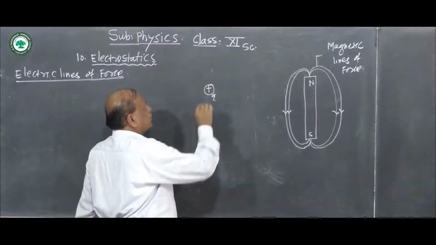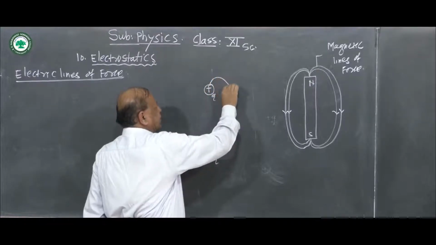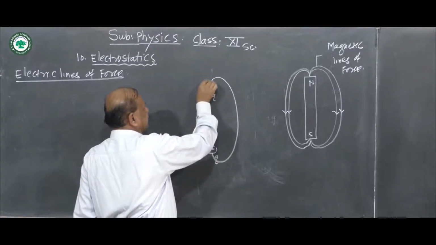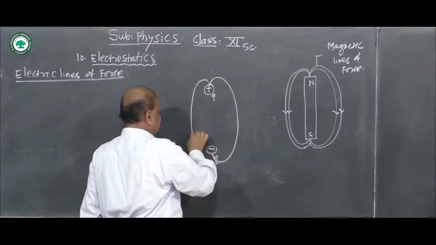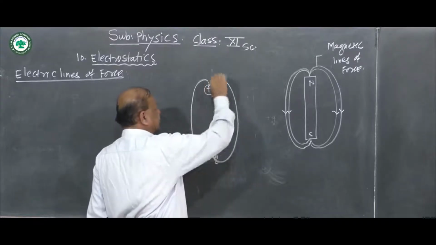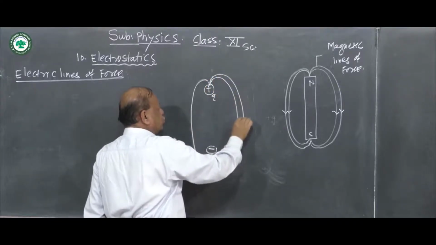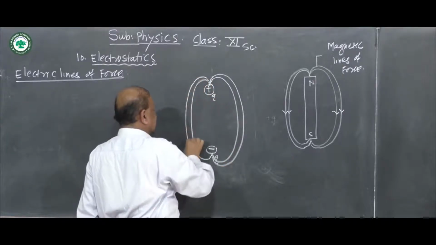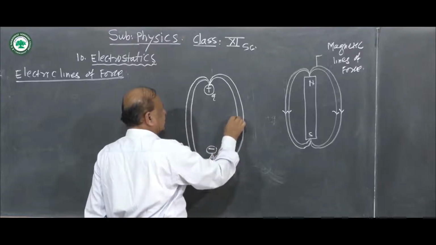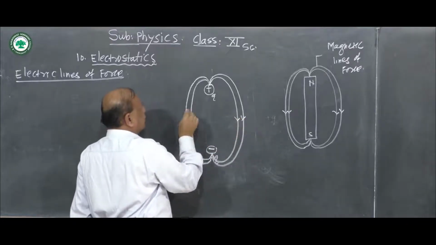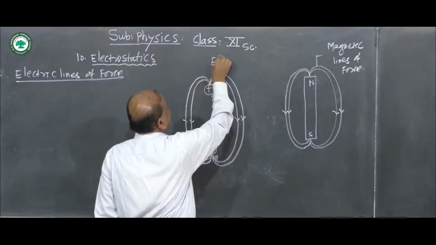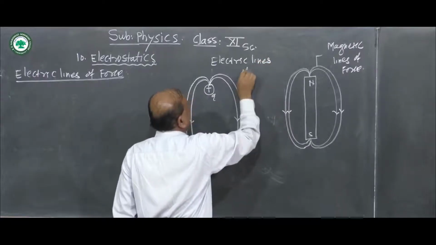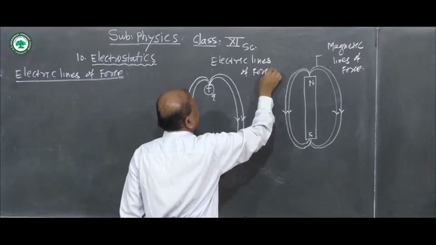The imaginary path traced by this positive charge to the negative charge is called electric lines of force.